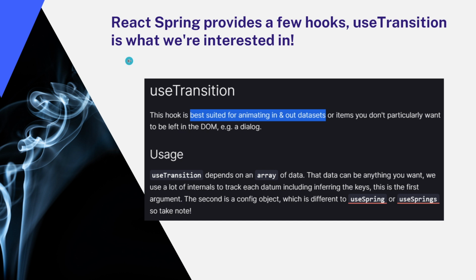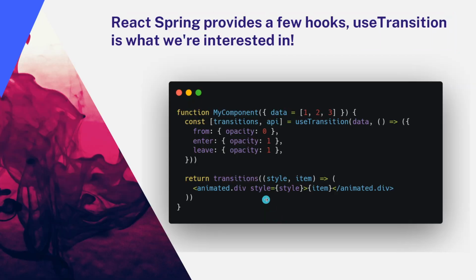useSpring is for from and to, that's it. But useTransition is used whenever you want to make sure that your text or your element or your images, whatever you're animating, enters and exits, animating in and out. Cool? So what's the syntax? It's very simple. We define two things in the useTransition hook.